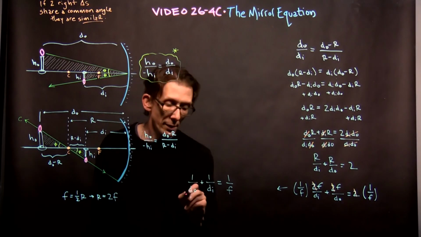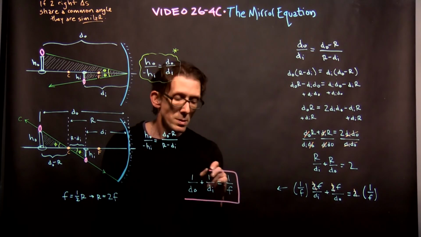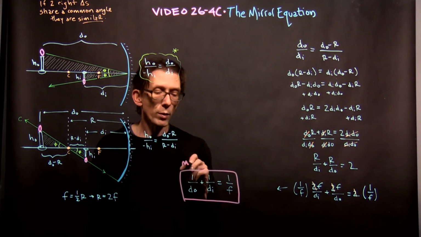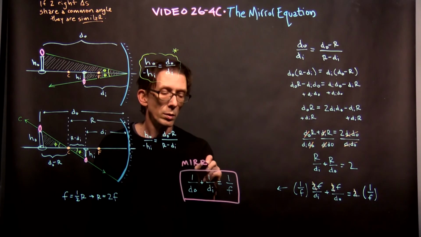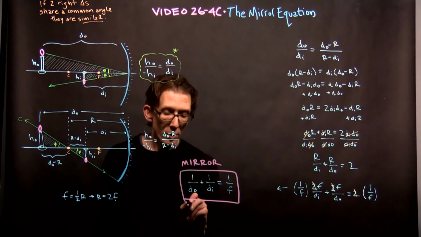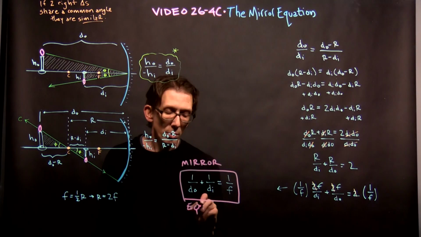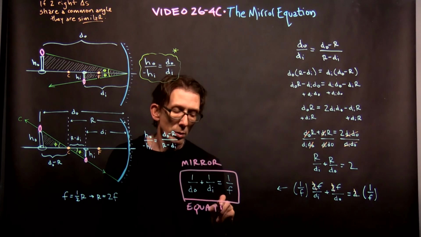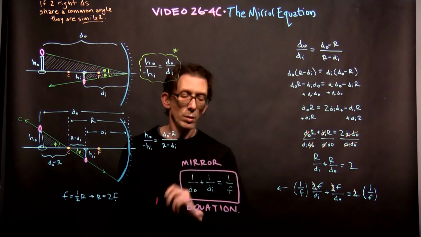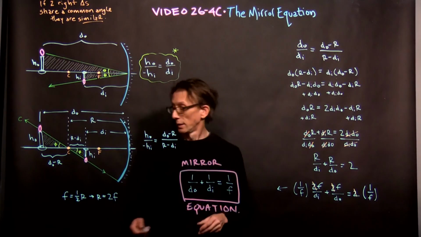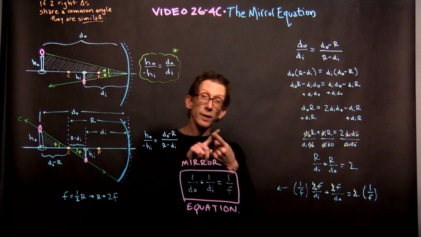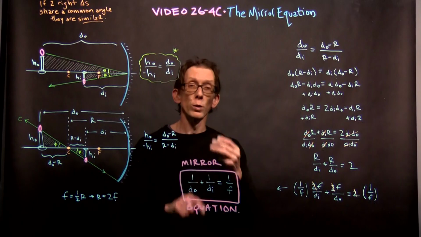And that is the mirror equation. Okay, that's it. That relates object distance, image distance, and focal length.